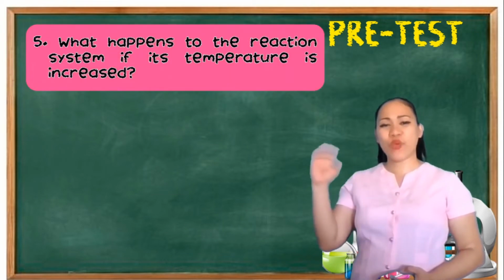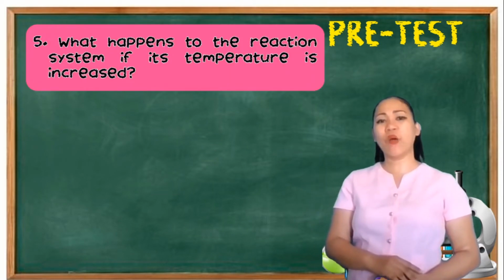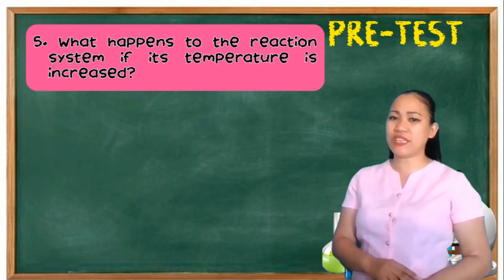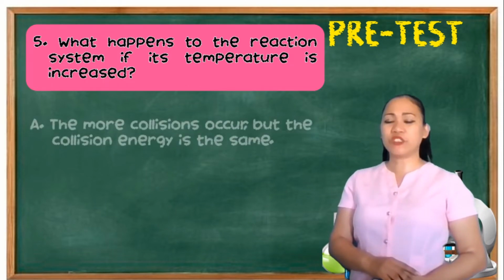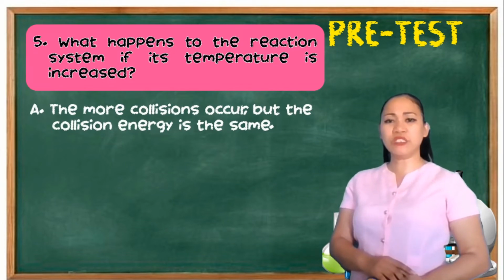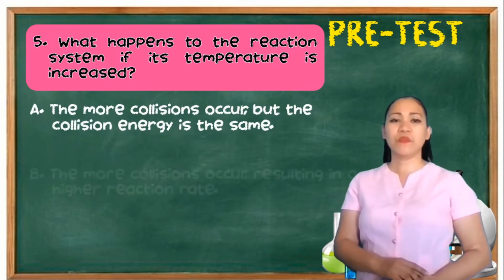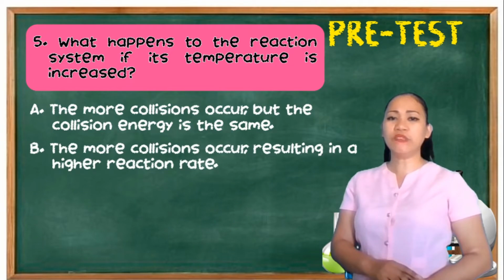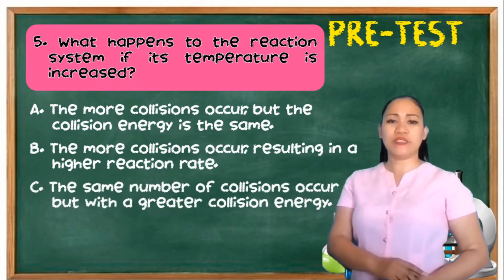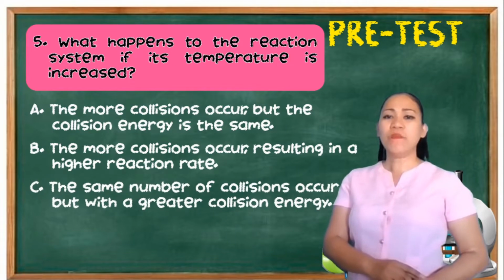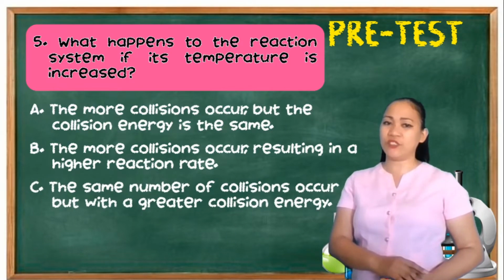For the last question, number 5. What happens to the reaction system if its temperature is increased? A. More collisions occur, but the collision energy is the same. B. More collisions occur, resulting in a higher reaction rate. C. The same number of collisions occur, but with a greater collision energy.